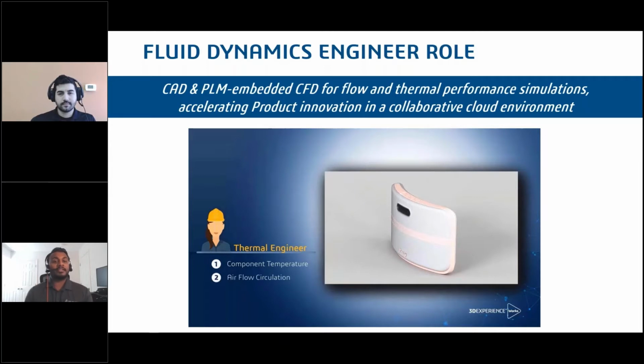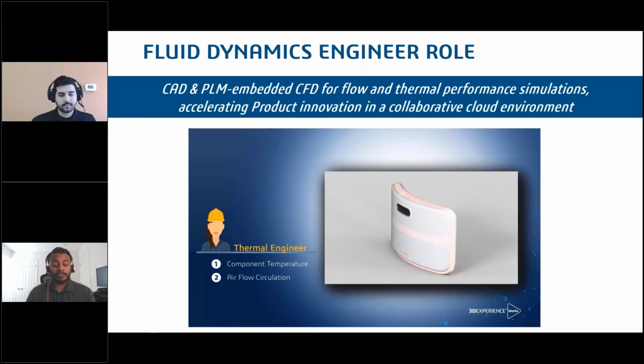In that case, they would get those two roles on the platform to be able to perform the typical responsibilities of that role. So for us, it feels more fitting calling the solution a role. Our fluid dynamics engineer role is a CAD and PLM embedded CFD for flow and thermal performance simulation, accelerating product innovation in a collaborative cloud environment.